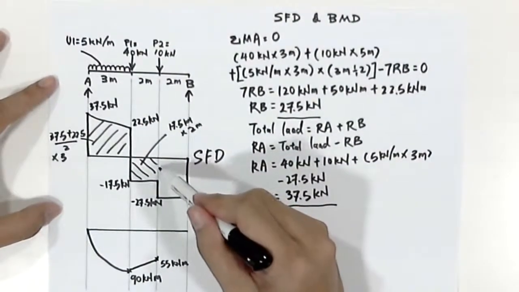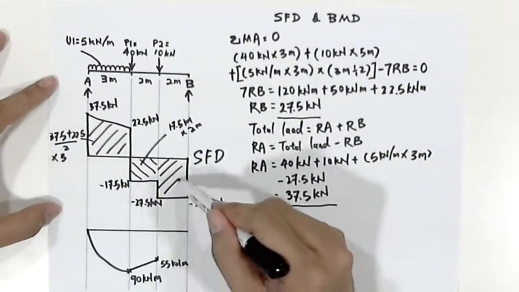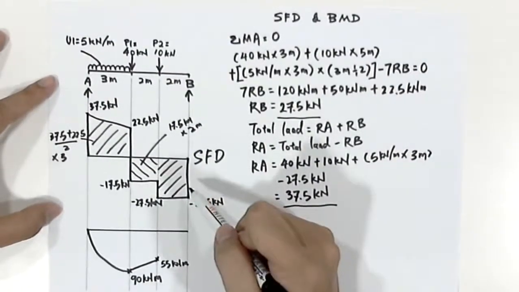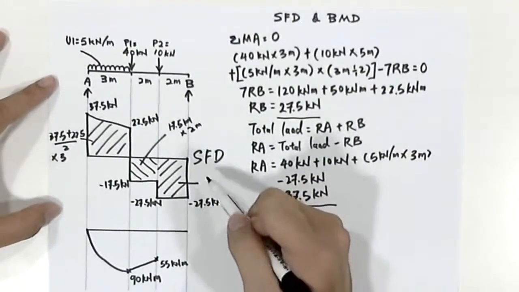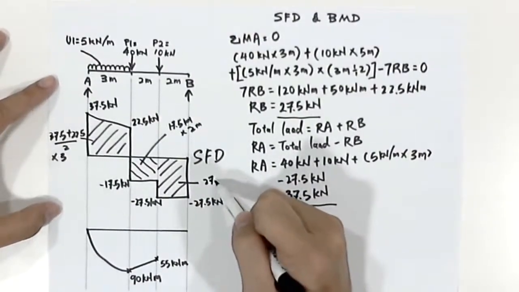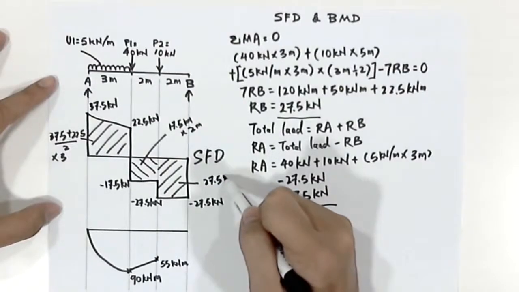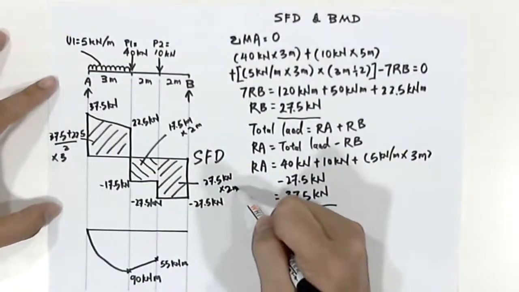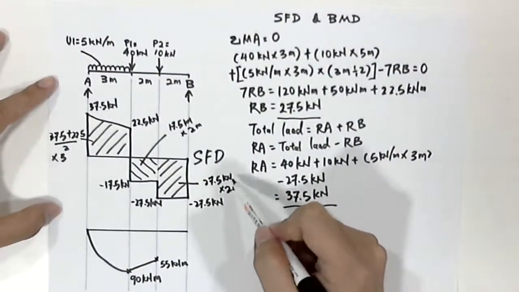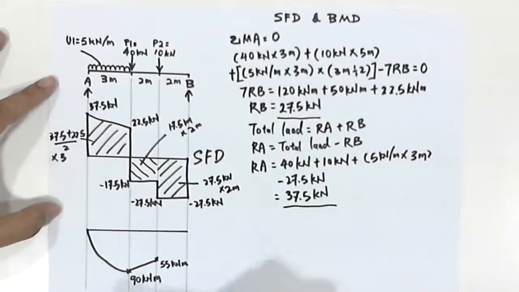So to complete the bending moment diagram, we should calculate the last section, which is 27.5 kilonewton times 2 meter. The answer will be 55 kilonewton meter.